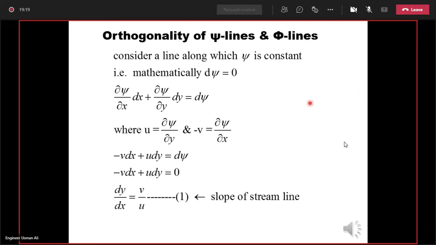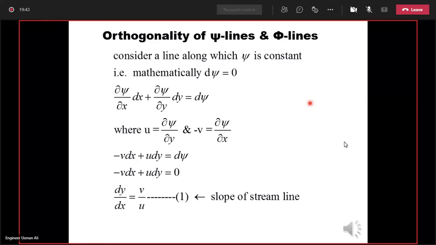Next, we have to prove that phi lines and psi lines are orthogonal to each other. It means that the phi lines and psi lines cross each other normally, at a right angle. So where a phi line meets a psi line, the angle between the two lines at that point will be 90 degrees. This is called orthogonality of phi lines and psi lines.